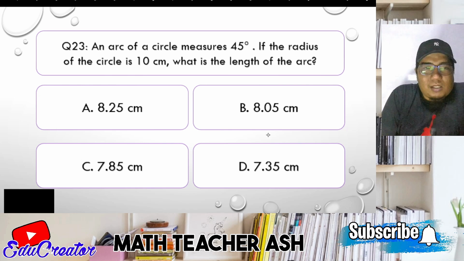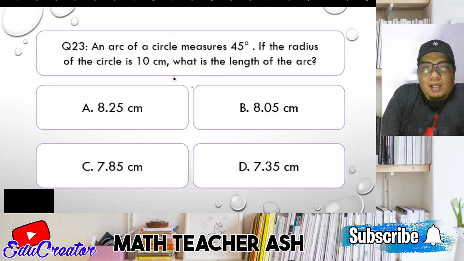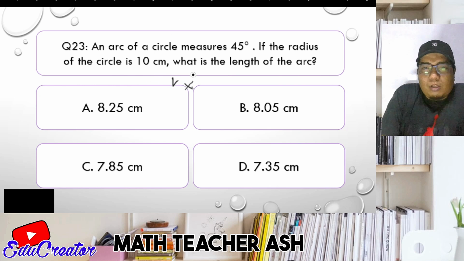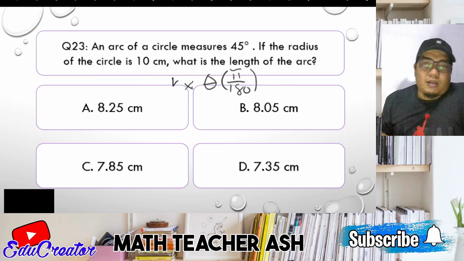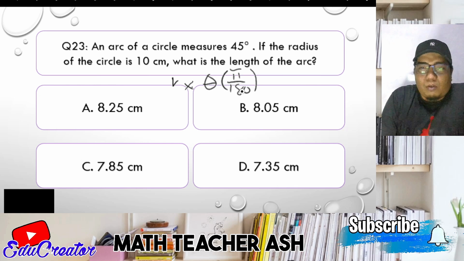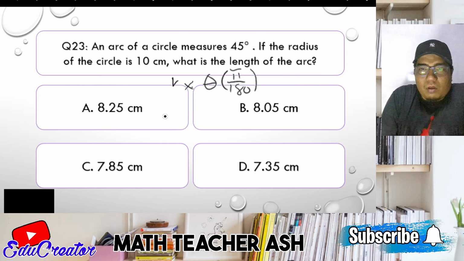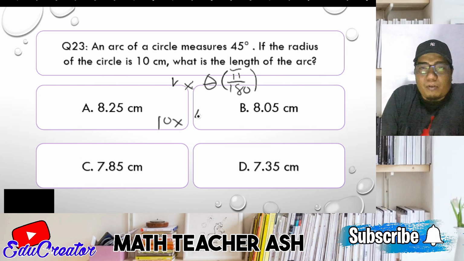The formula is the radius multiplied by the given theta, the given angle, then multiplied by pi over 180 degrees. So R is 10, multiplied by 45, then pi over 180.